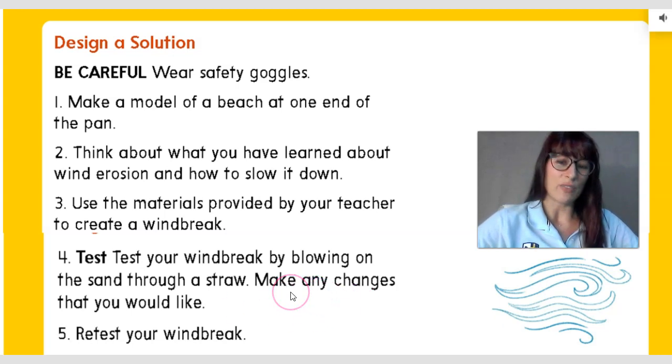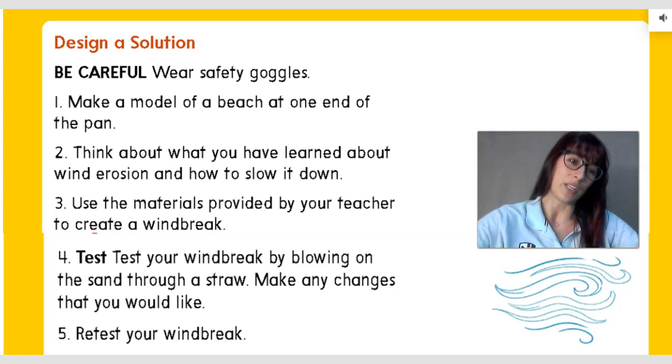And then if it doesn't work, when you blow on the sand and it still can pass on to the other side of the wall that you created, then your windbreak is probably not effective and you might have to make it stronger. So you will have to make any changes that you need to make sure that your windbreak is really working and it's really preventing the wind from passing through and causing erosion on the beach or on the area that's behind it.